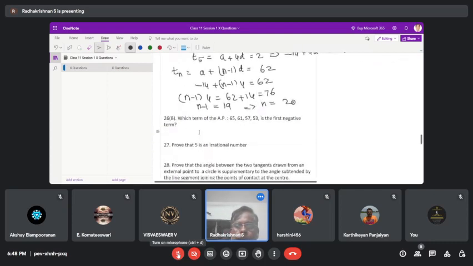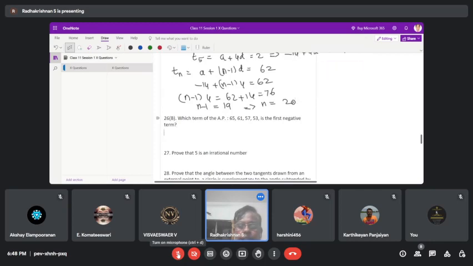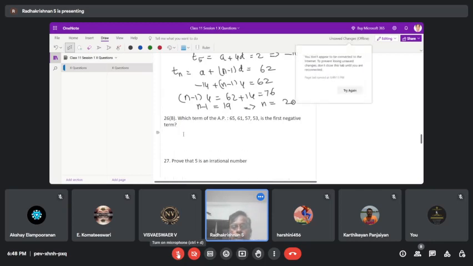Okay. So let's do this problem. This will be the last problem, because I have to go for another class now. Which term of the AP 65, 61, 57, 53 is the first negative term?